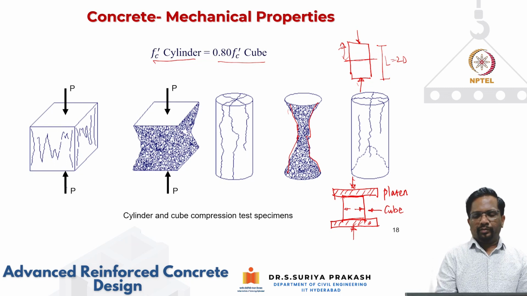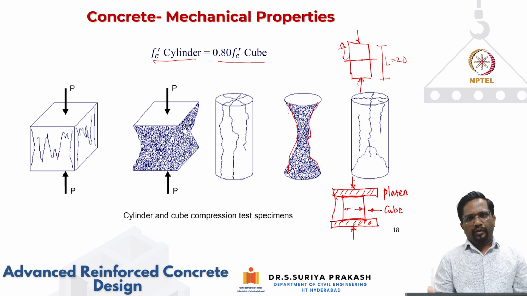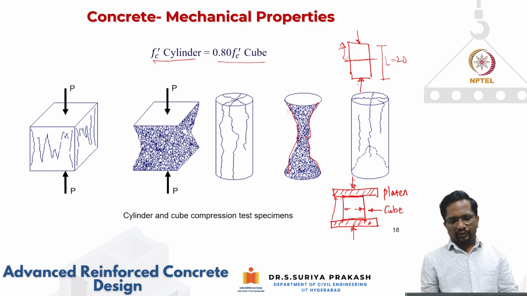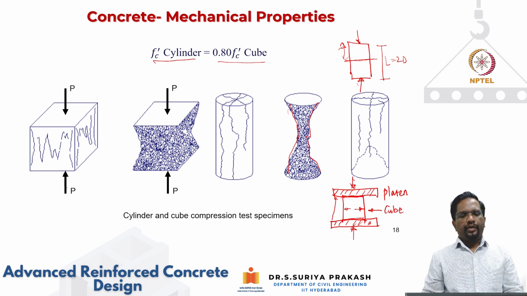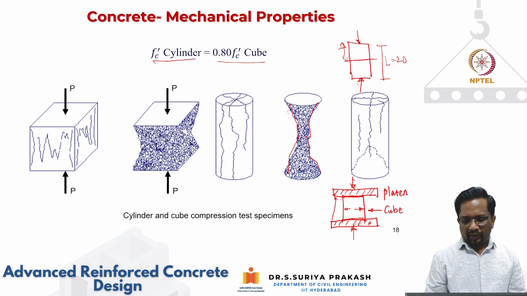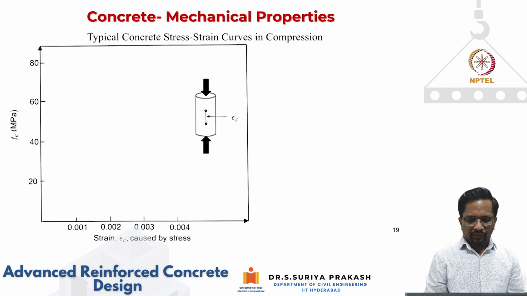Okay, so this comes from the cube, because at 150 by 150, first of all, we don't get this uniform stress distribution, because by the time I go to d, then I reach the bottom plate, again, where we are applying the load. So because of this, the actual material property is basically 80 percent of your cube strength.